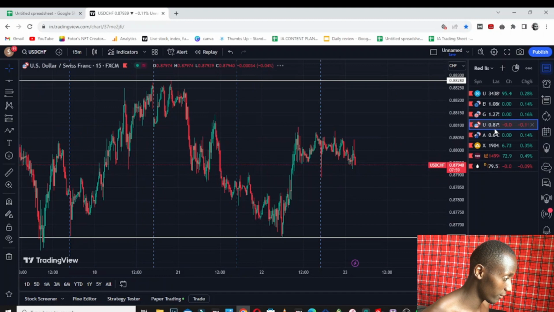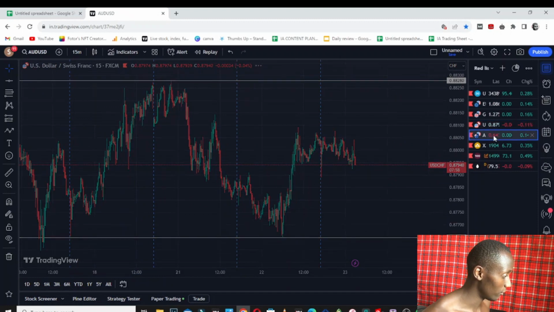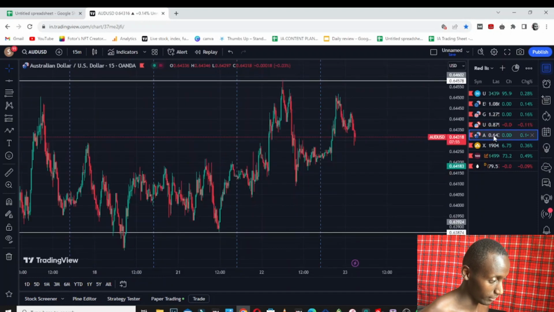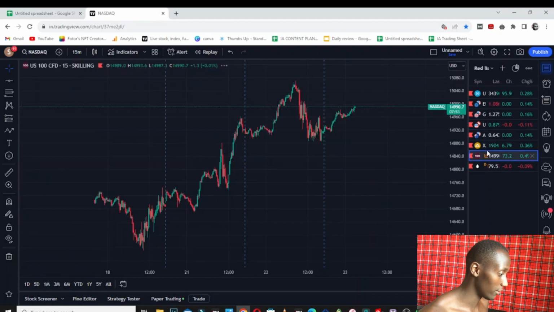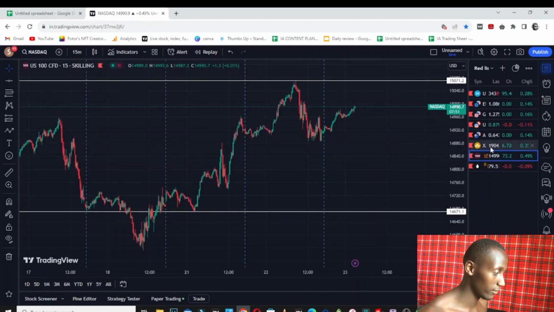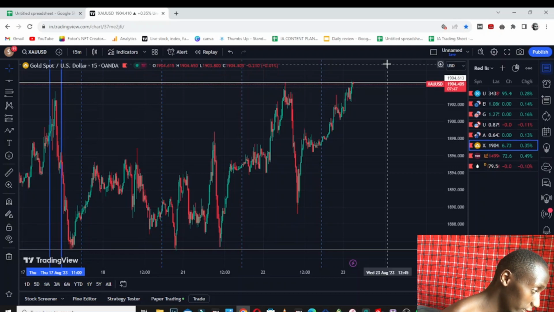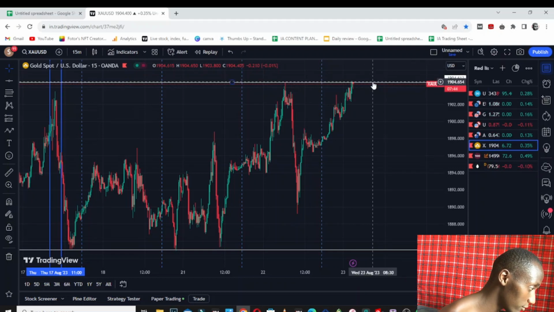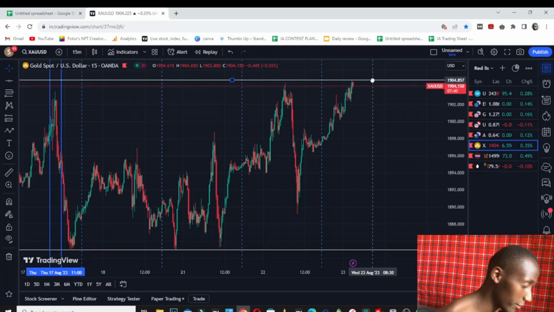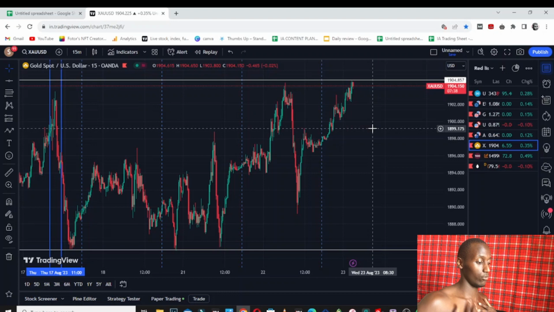The Swiss franc, the same thing. Aussie dollar, the same thing. Nasdaq, the same thing. Gold, we are at the high. We've already pinned the high on gold, so we are just going to extend that a little bit there, and yeah, we just wait, and we'll see how things go.